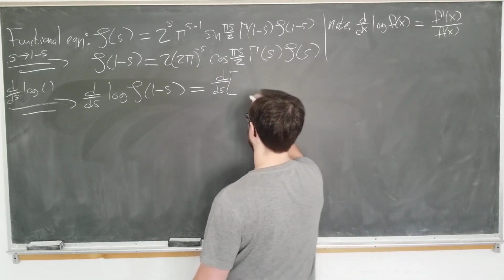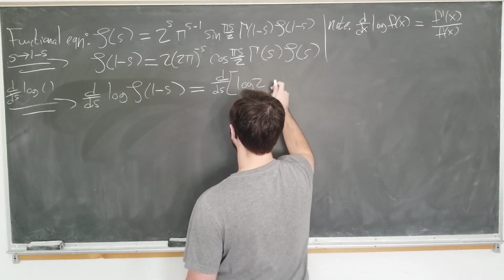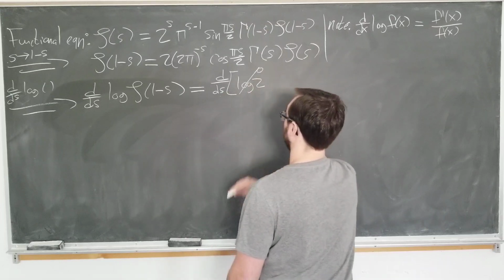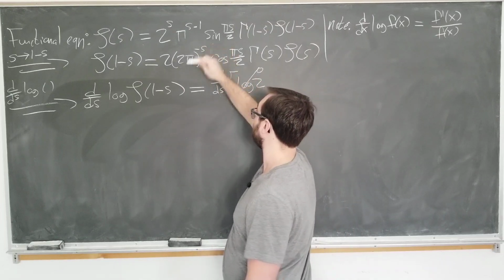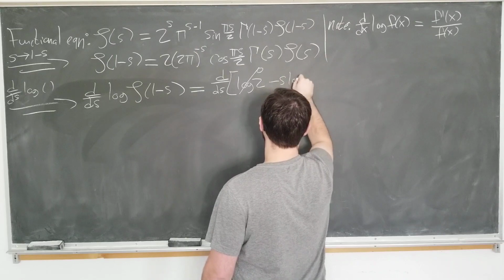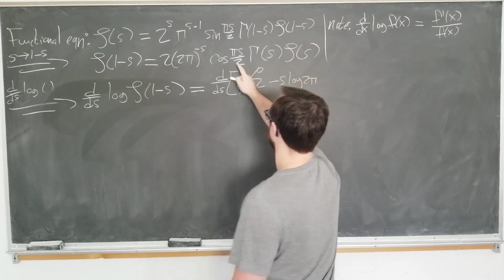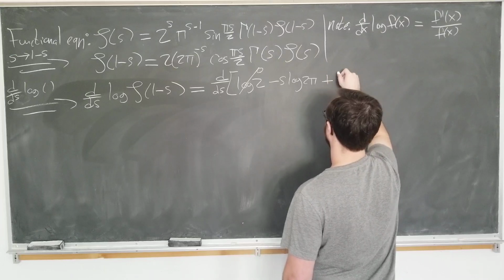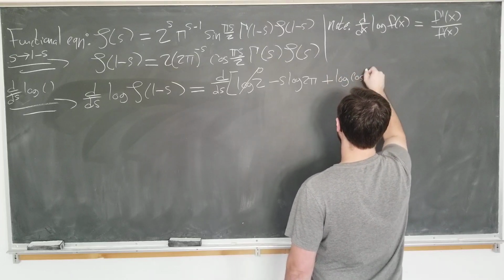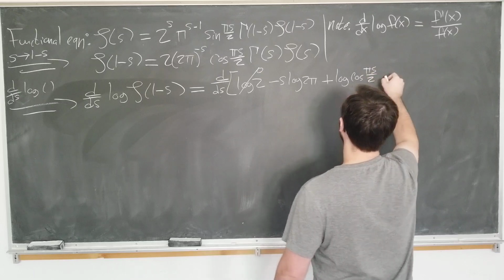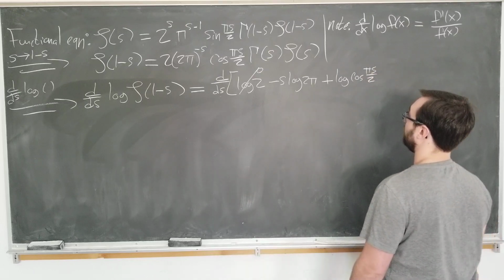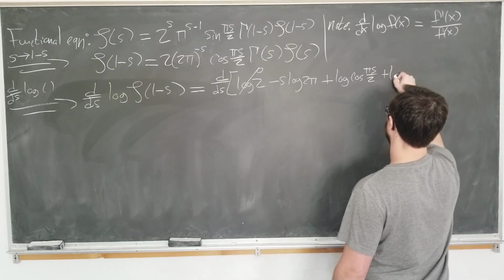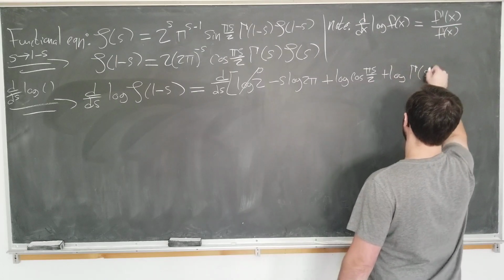Okay, so we have the log of 2, which is going to go to 0 as we take the derivative. When we take the log of this, we get a minus s coming down, then log of 2 pi. This doesn't really simplify it this time. Then the log of cosine of pi s over 2. And the other ones don't simplify yet either, but they will in a moment, don't worry.